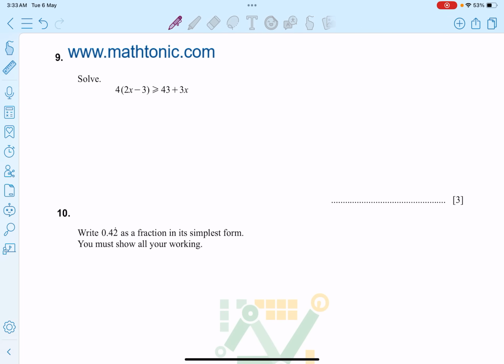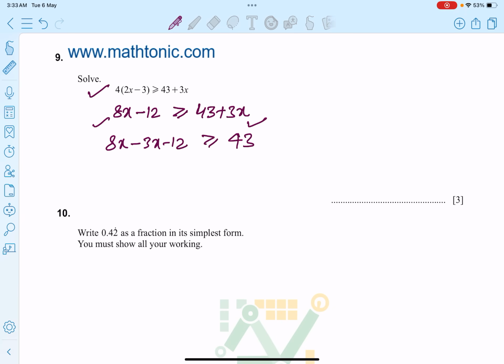Okay, now the question is to find the value of x. We have to solve it. It's a question of inequality. So please try to expand this. It will be 8x minus 12 greater than or equal to 43 plus 3x. Now please subtract 3x from both sides. It becomes 8x minus 3x minus 12. This side should be 43 because 3x minus 3x is 0, right?